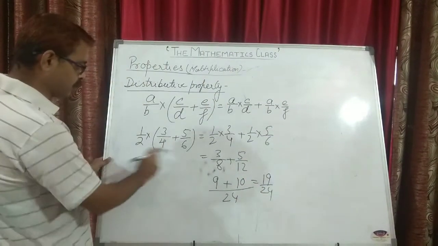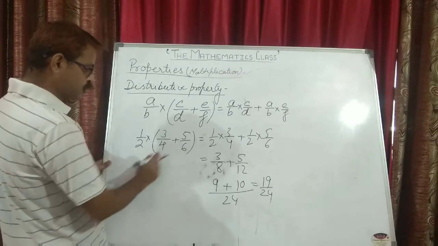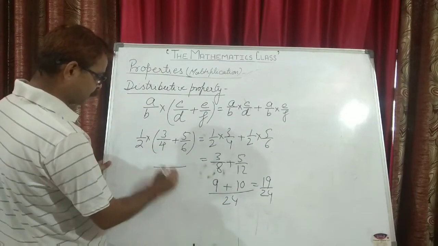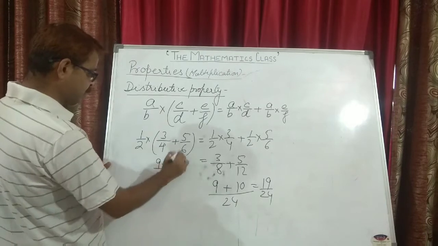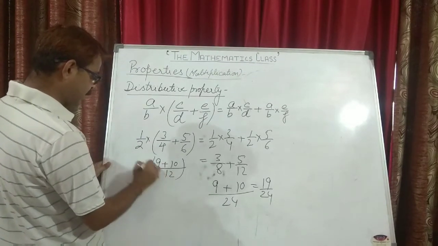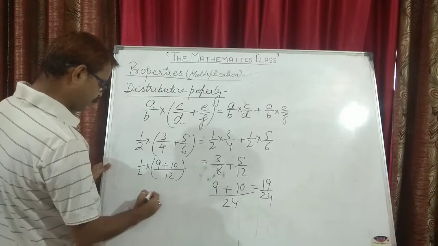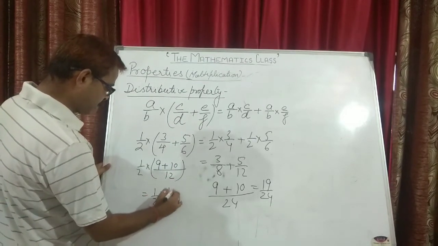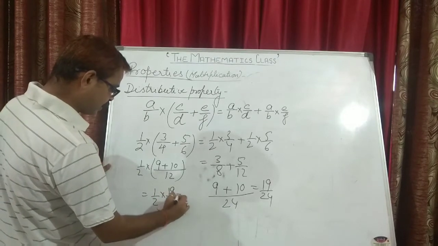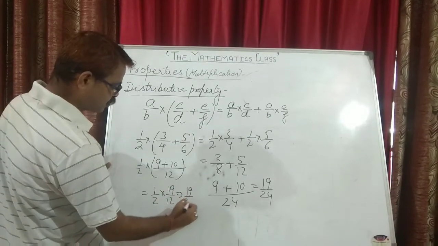And here if you solve them, the LCM will be 12. So you take 12, 4 3s are 12, 3 3s are 9, 6 2s are 12, 5 2s are 10, and into 1 upon 2, it becomes 9 and 10, 19. 1 upon 2 into 19 upon 12, that finally becomes 19 upon 24.